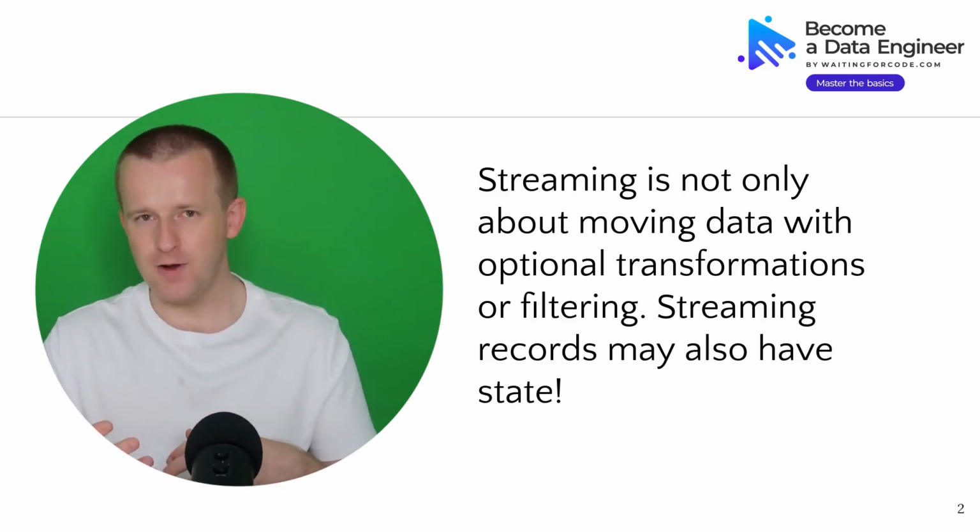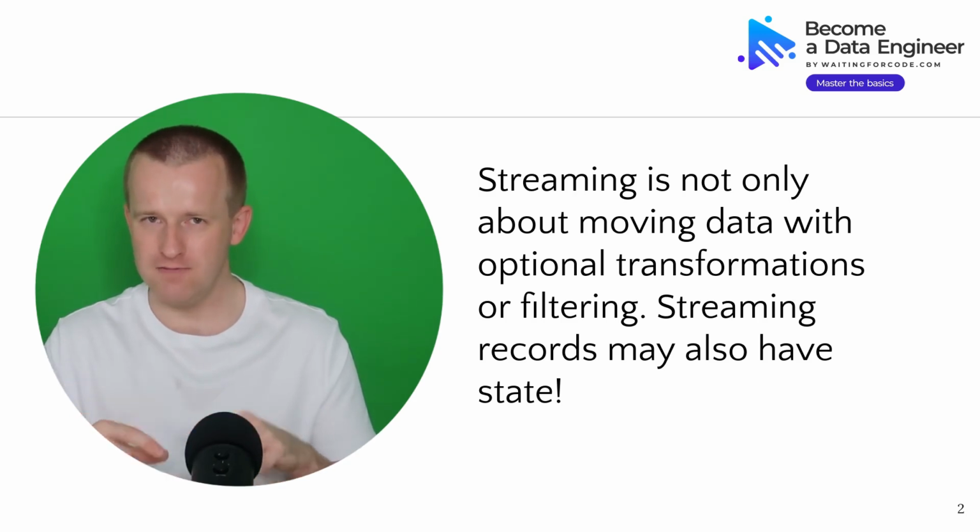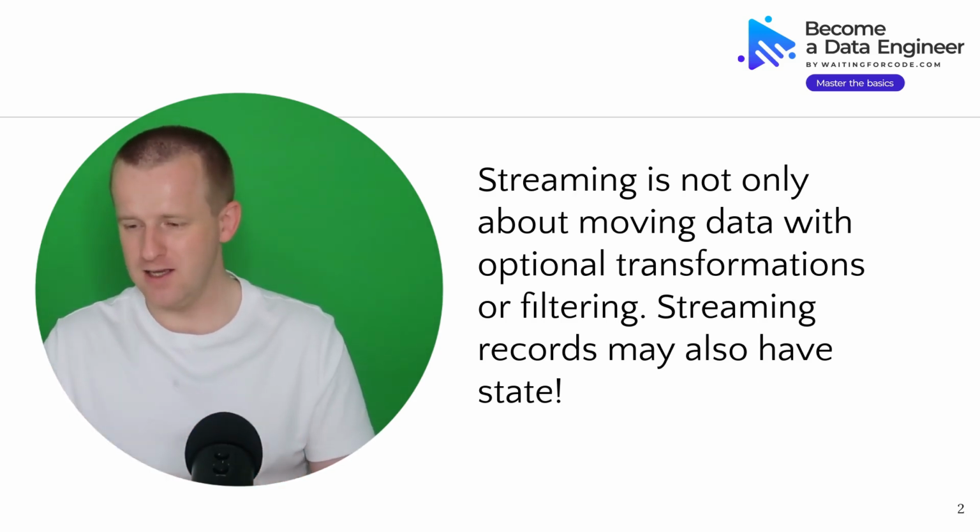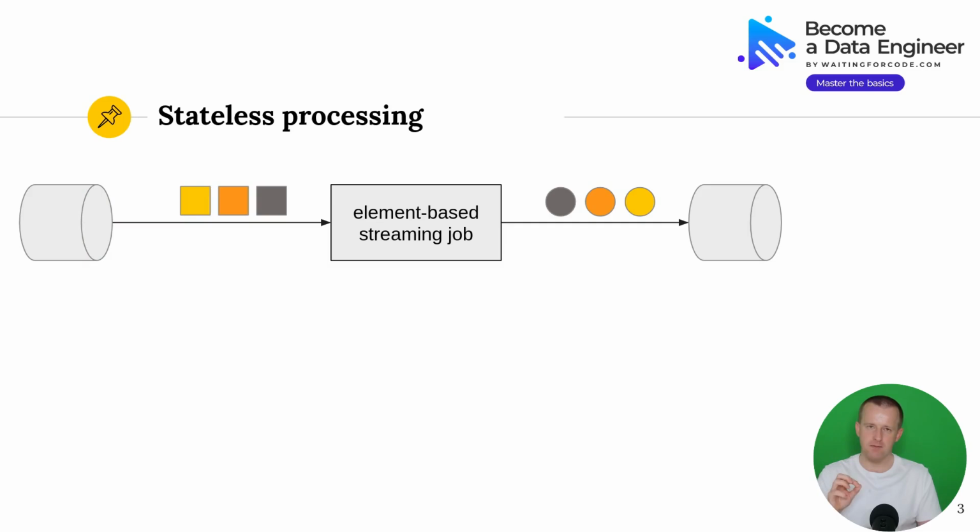And I hope that I will give you this value in the next slides, where we'll first start with the stateless processing. As you can see, it's just a pipeline with some basic and simple logic for converting symbols to another format.